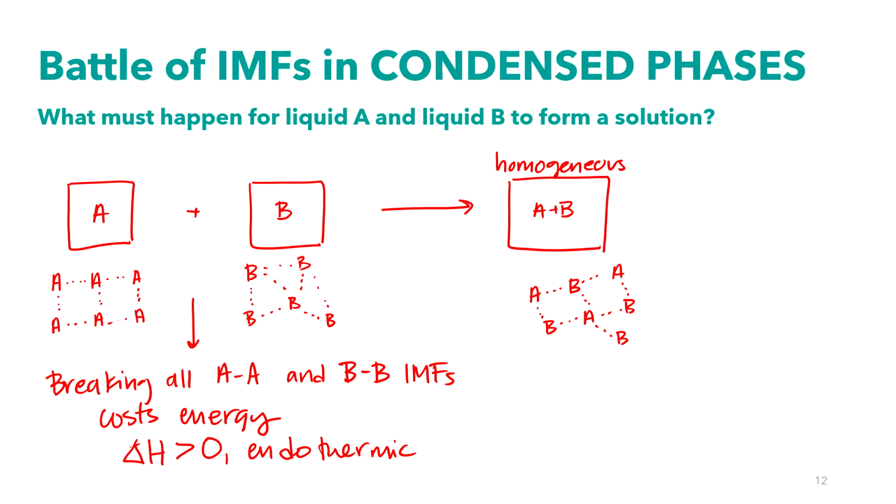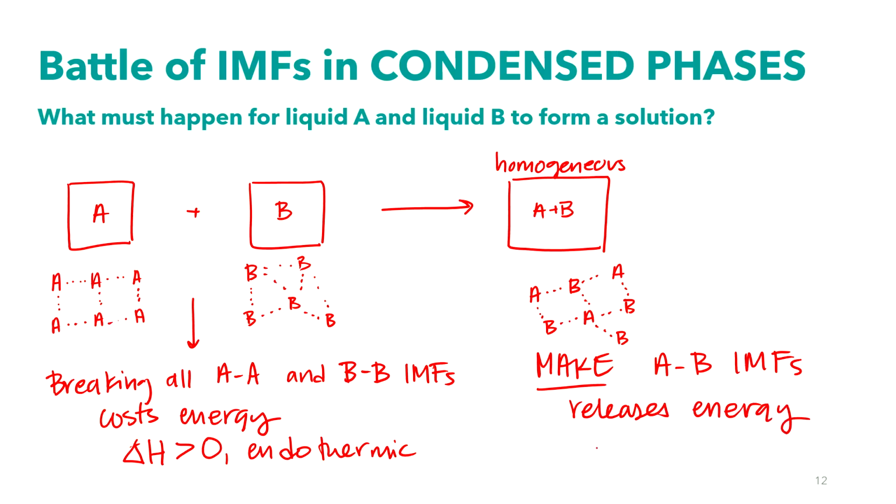What does encourage mixing is that, on the other hand, yes, I have to break these interactions, but I get to make a bunch of AB interactions, right? So this releases energy. Over here, delta H is always less than 0. It's always negative.